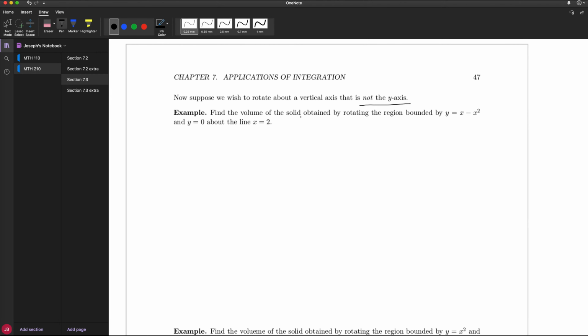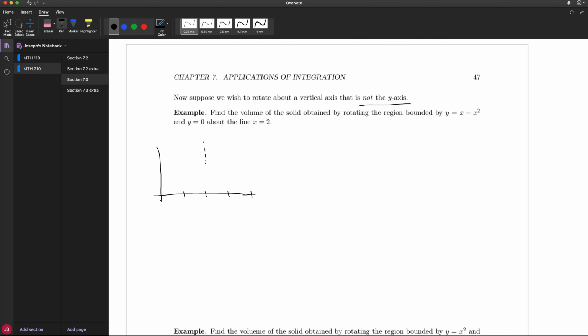So we're going to find the volume of the solid obtained by rotating the region bounded by y equals x minus x squared and y equals 0 about the line x equals 2. So to graph this, let's say 1, 2, 3, and I guess 4 will be over here.